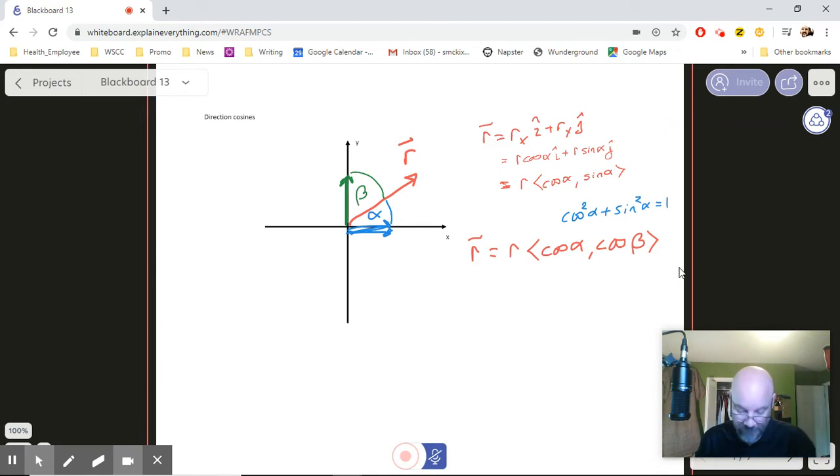The other way to think about it is just to realize, which I'm sure some of you are way ahead of me on this, cosine beta and sine alpha are the same thing. Those guys are the same thing.